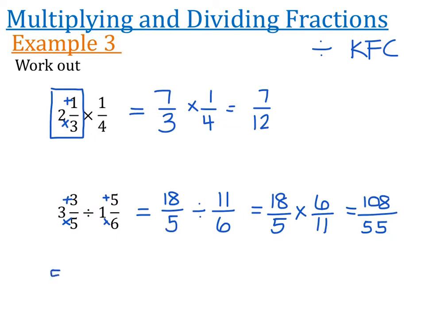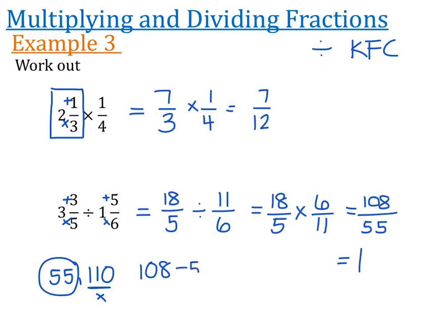So if I think about my 55 times table, I know we don't use that very often. 55 and then 110. So this number is too big, so it must only go in once. So that leaves us at 55, and then we got to find out how many is left over. And that leaves us with 53. So it's 1 and 53 over 55.